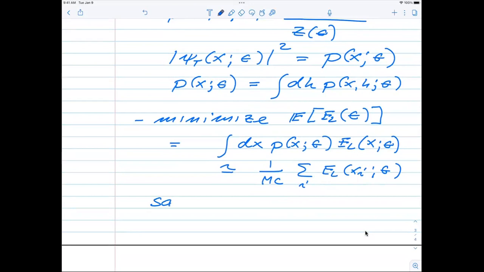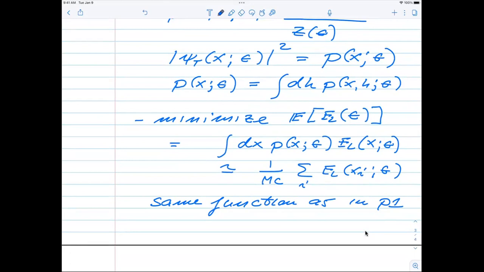So that means that we need to calculate the derivative of the expectation value with respect to the parameters in the trial wave function. The Hamiltonian itself does not have any such dependence.